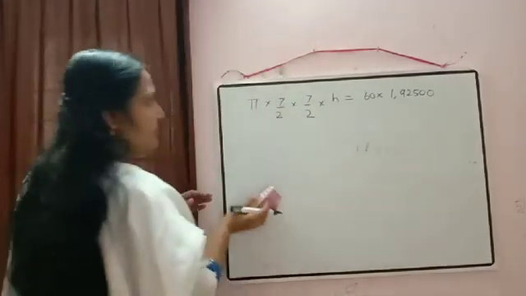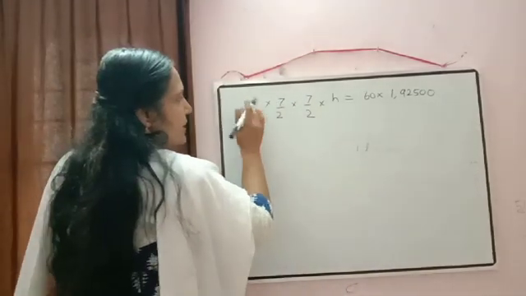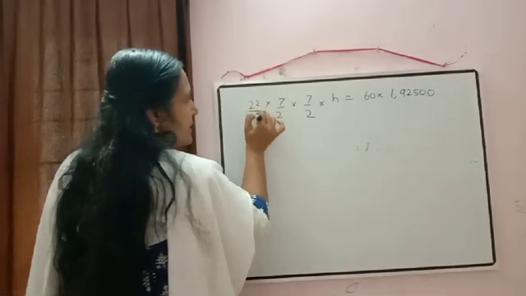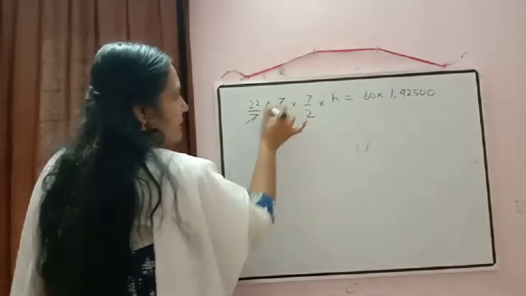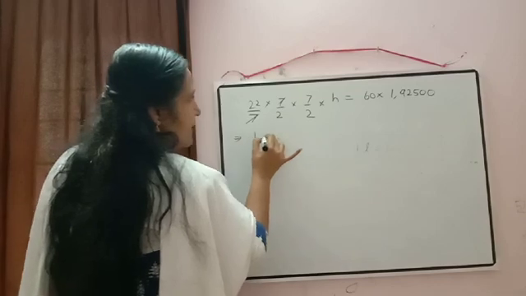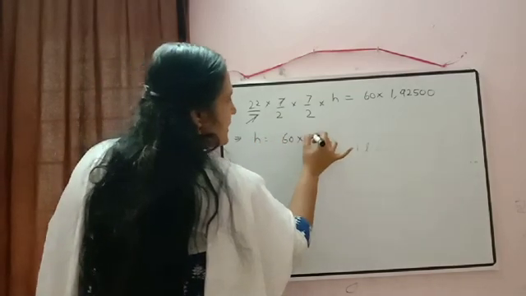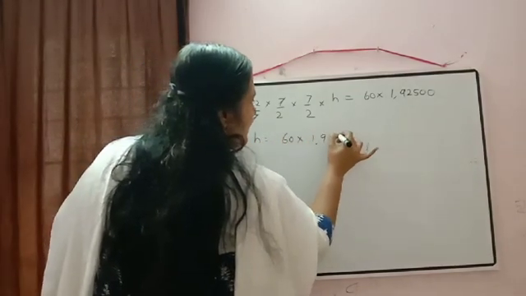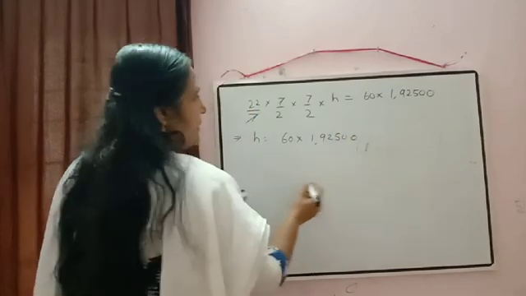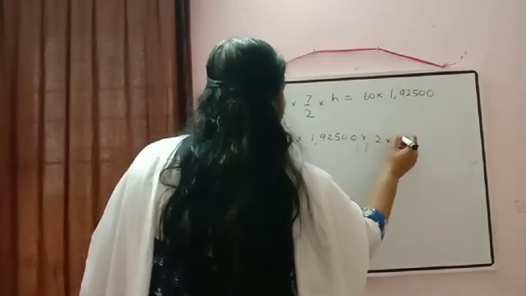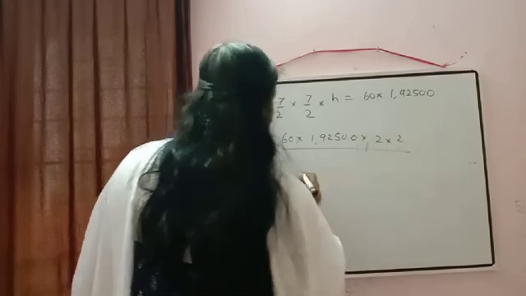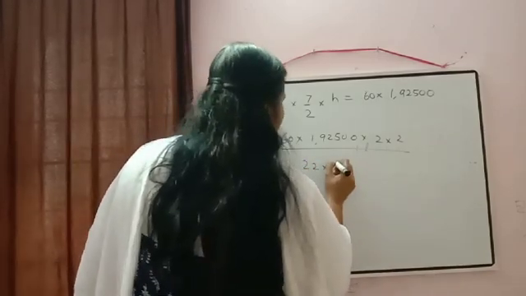Except h, the rest of the things we can shift to the right hand side. And before shifting, pi also we will take as 22 by 7. So 7 and 7 will get cancelled. So height is equal to 60 into 1,92,500 into 2 into 2 into 2 by 22 into 7.